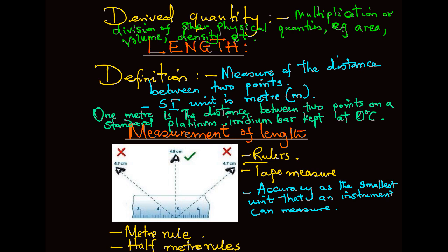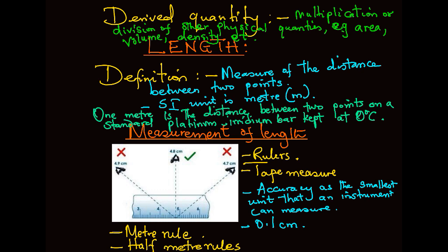For example, the accuracy of a meter rule is always 0.1 centimeters. This means that the meter rule can measure a minimum of 0.1 centimeters.